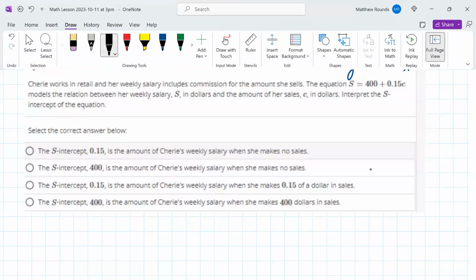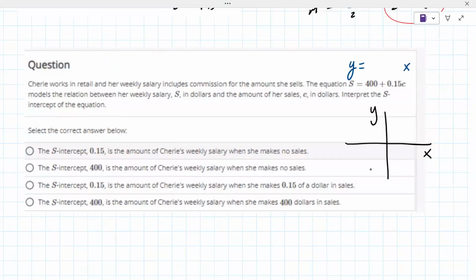Yes. Okay. Now, normally it's x and then y, but in this problem, instead of y, it's S, and instead of x, it's C. Do you see that? Yeah. Okay.